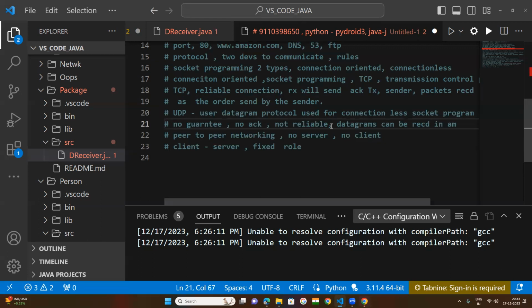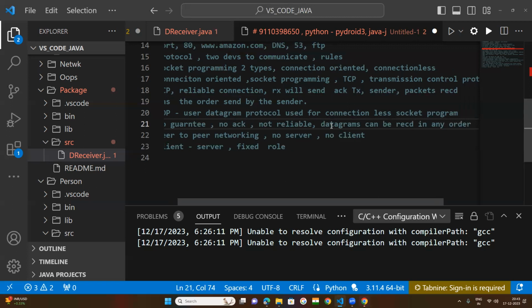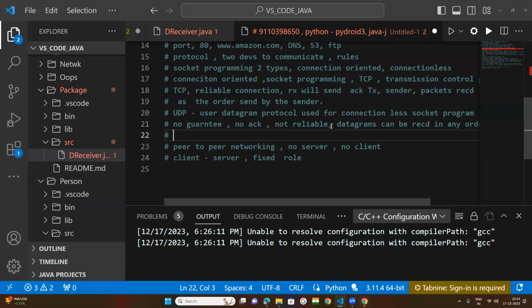Next, the receiver will not be aware if data is damaged. If any datagram or information is lost, the receiver will not be aware of any data being lost.